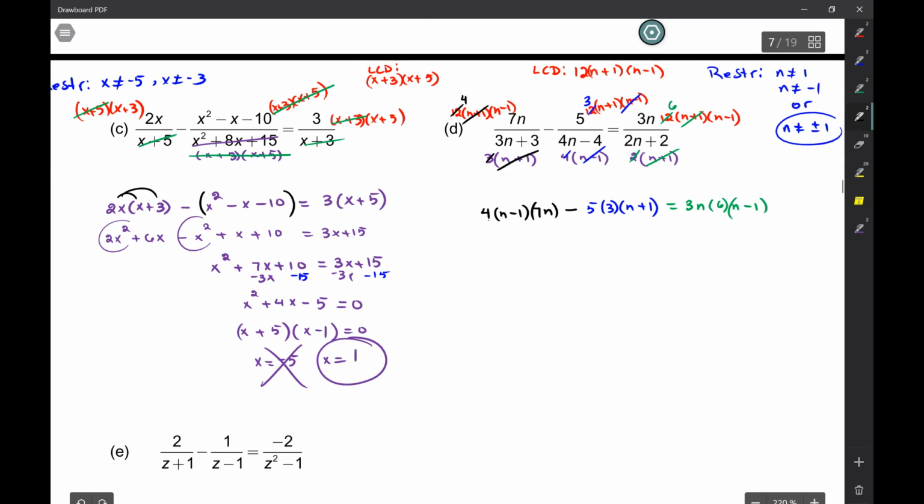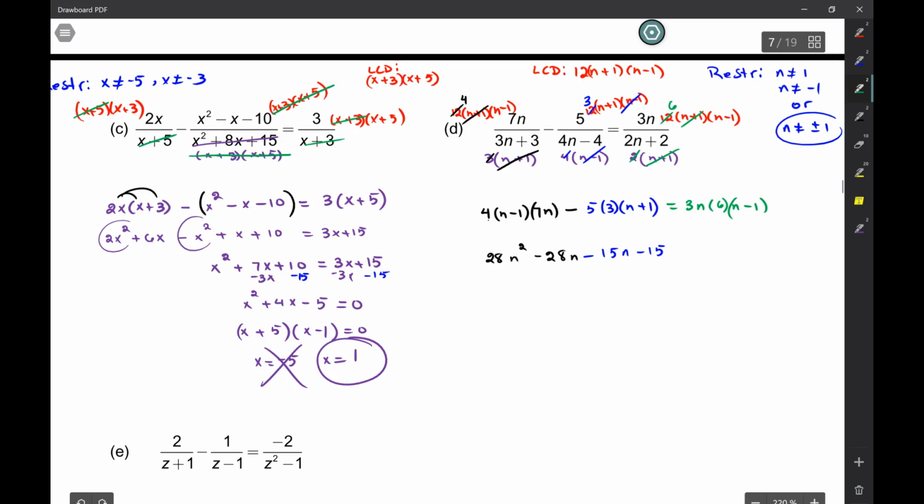It's 4 times 7n, 28n times this, right? So it's 28n squared minus 28n. Yeah, I'm just multiplying everything together. So then, minus 15n minus 15.